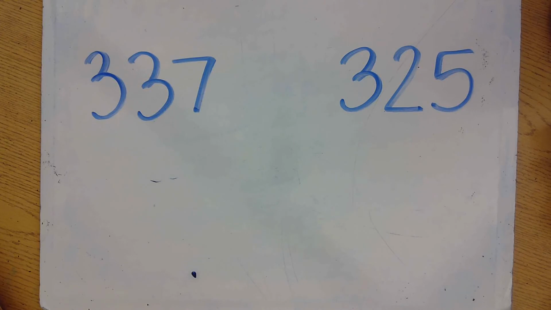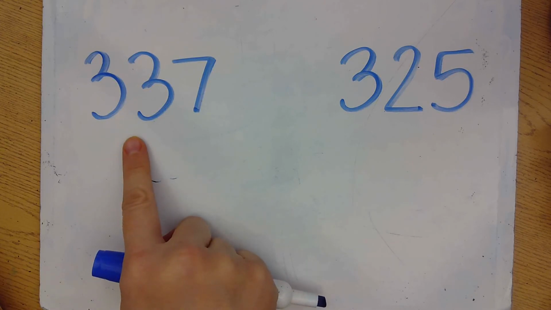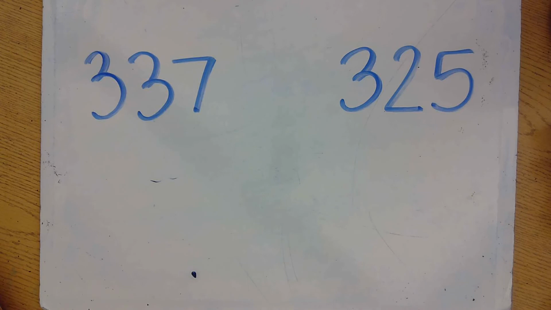Here we see two new numbers, 337 and 325. Can you show these numbers in expanded form? Go ahead and pause the video and show these two numbers using expanded form.